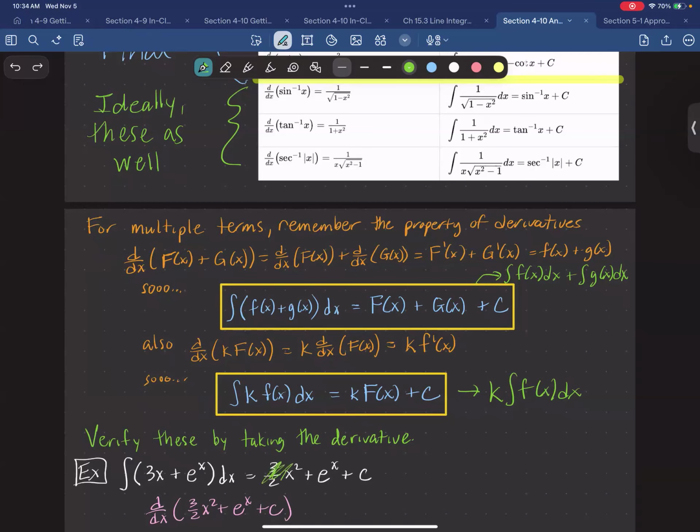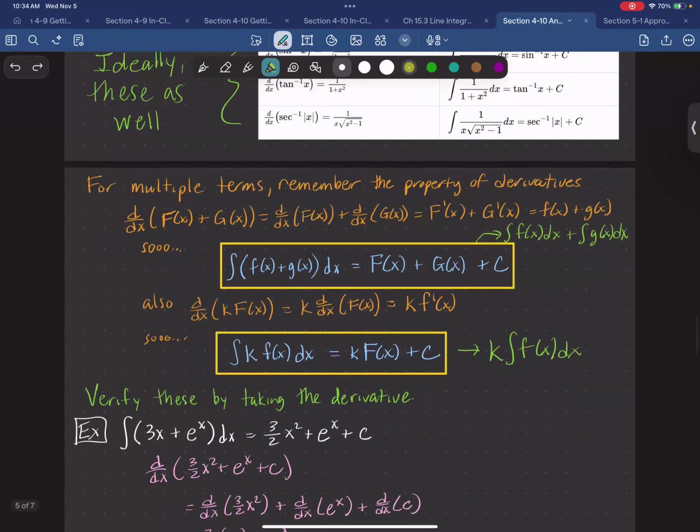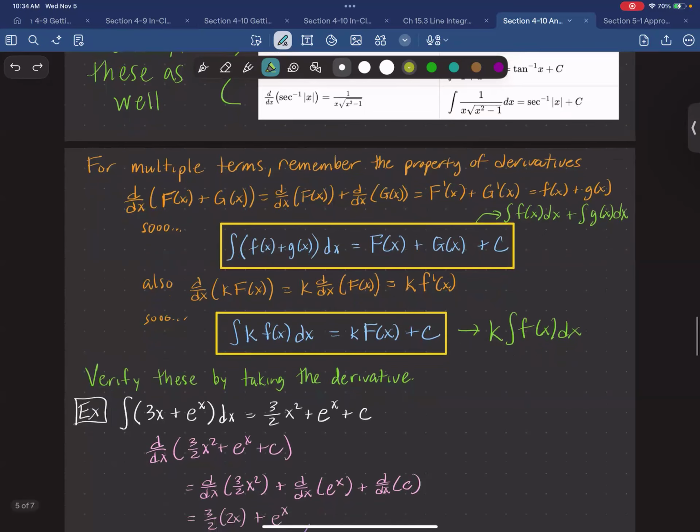I like highlighter mode. We're going to take the derivative of that right there. Remember, we can apply it to each of them individually. So that's what I do here. And then I take the derivative. The 3/2 can come out.